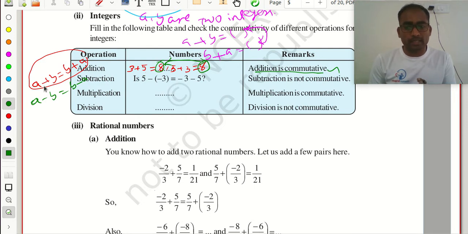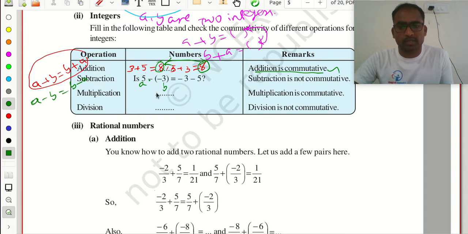Then only I can say these integers are commutative under subtraction. Now we have one example: 5 minus of minus 3. Here a is 5, b is minus 3. How much will we get here? 5 plus 3, 8. Then minus 3 minus 5, that is b minus a. How much will I get here?